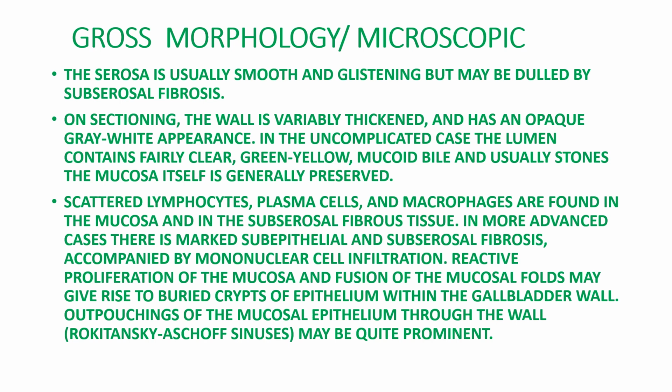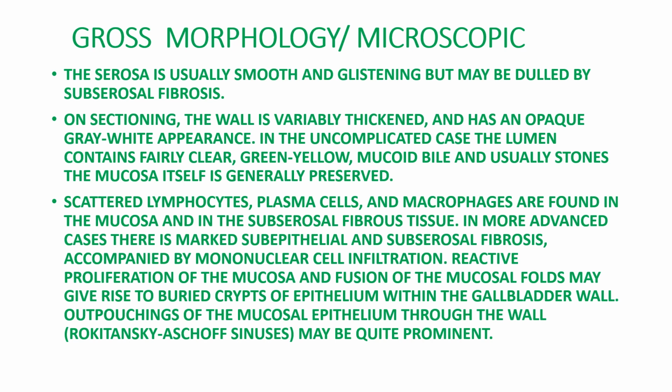When there is no infection, the bile would appear green, but it may appear as greenish-yellow mucoid bile and usually stones. The mucosa itself is generally preserved. What does it mean? That there is no break in the mucosa of the gallbladder, though it may be hypertrophied.